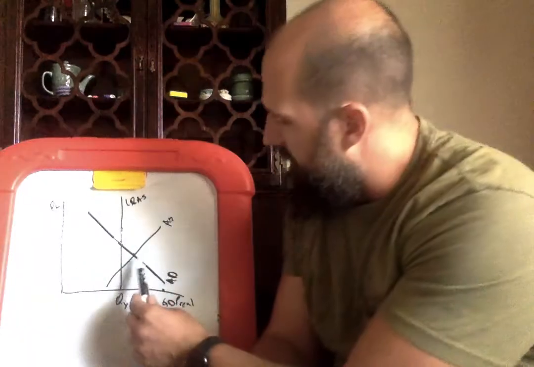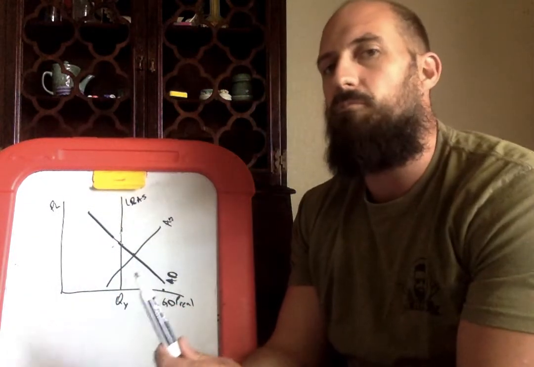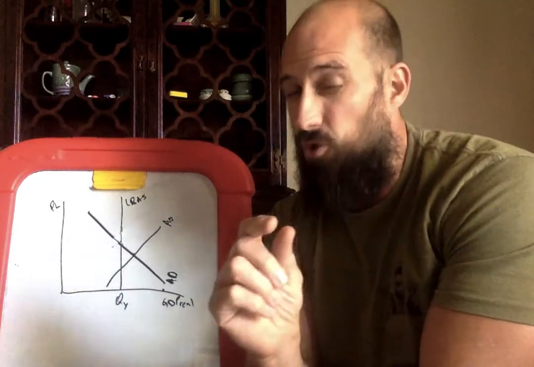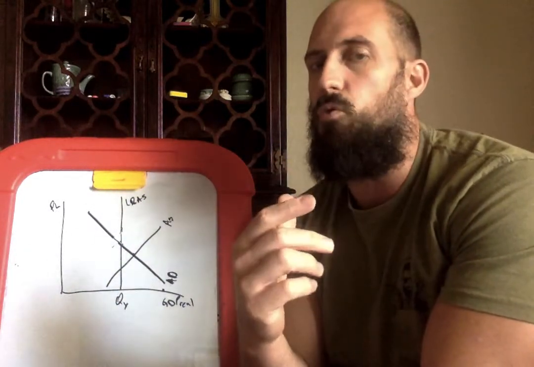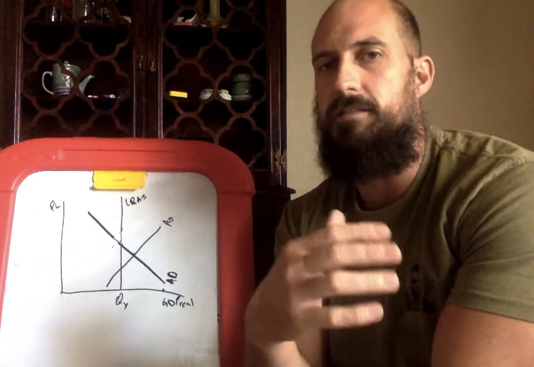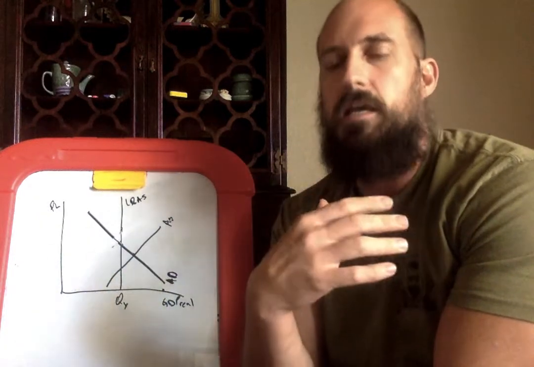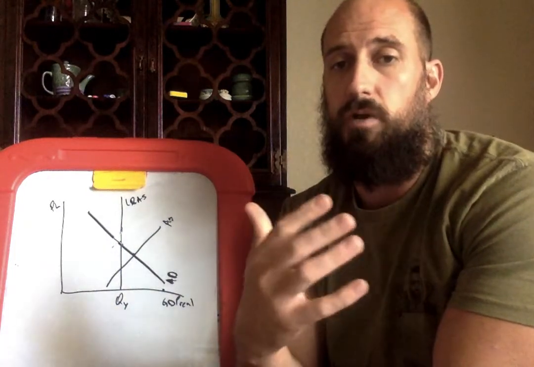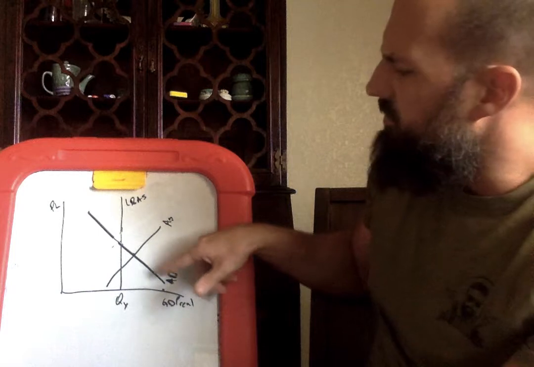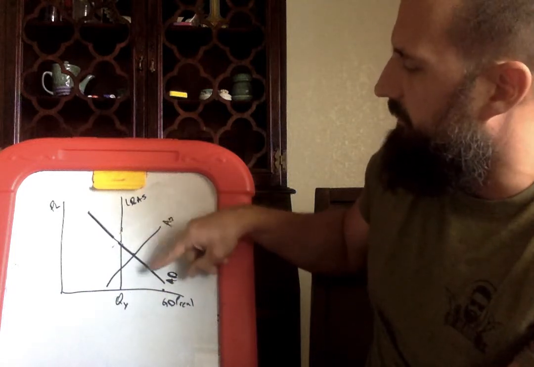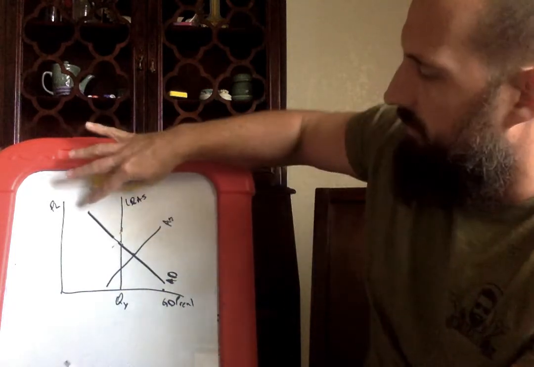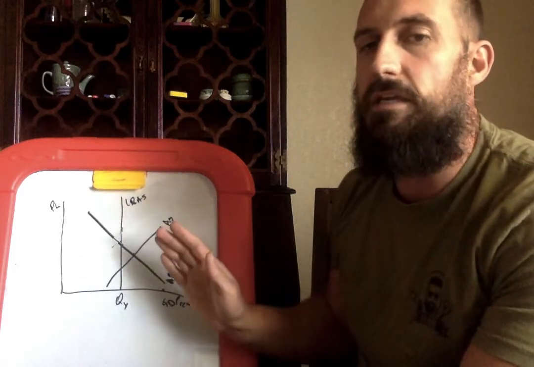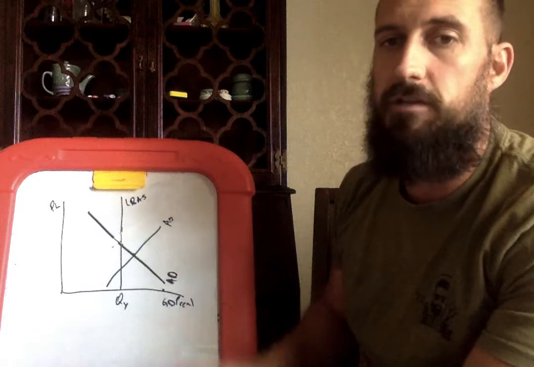And why is that an inflationary gap? It's an inflationary gap because you are beyond full employment. You have very low unemployment. You have a lot of people working, so a lot of people have dollars in their hands, and those dollars are going to be spent, and so prices are going to increase, causing inflation to occur. And so it could be over here, or it could have been an aggregate demand curve shift. Anything to the right of the LRAS, or long-run aggregate supply curve, will be an inflationary gap.